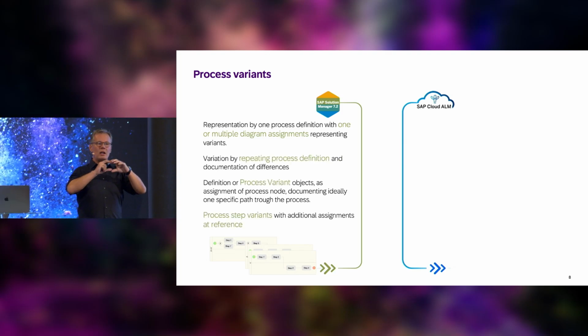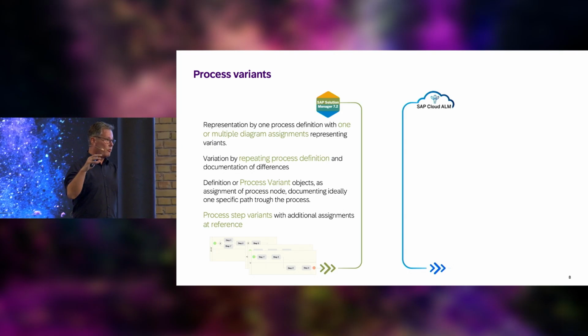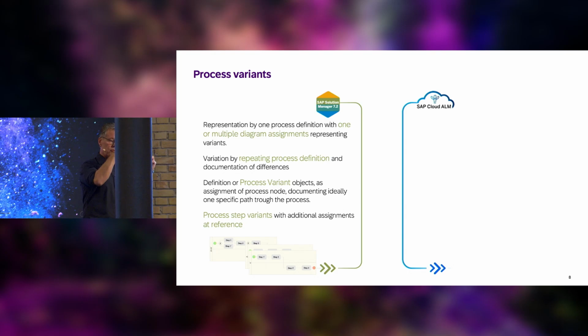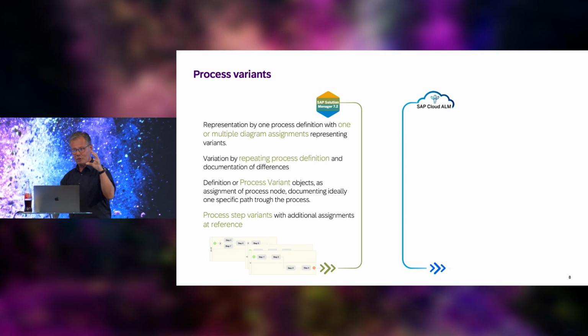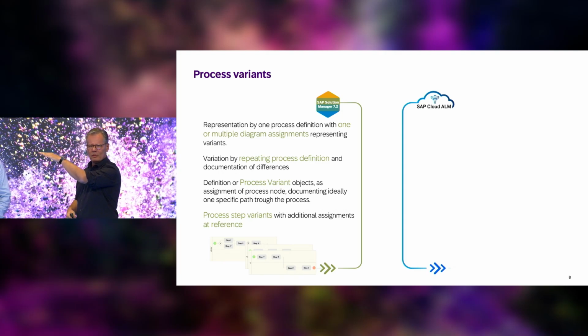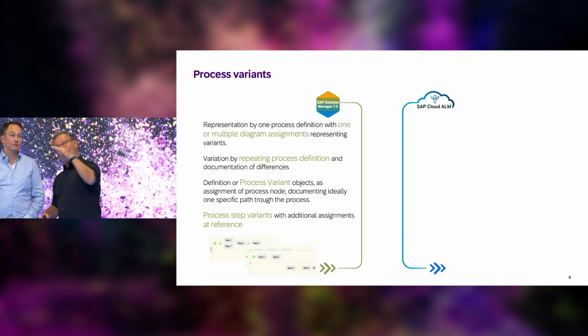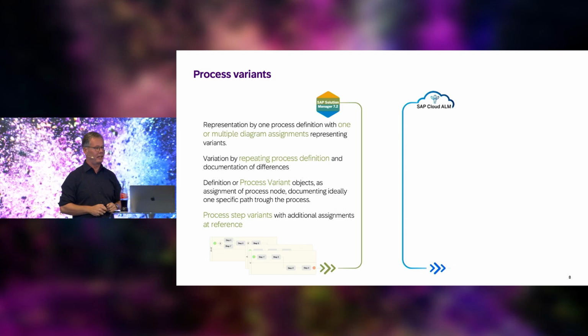You can have one big process definition and one big diagram which reflects millions of ways to go through that. Or you can have one process with several diagrams assigned to it, each showing a particular variant, how to go through that process.